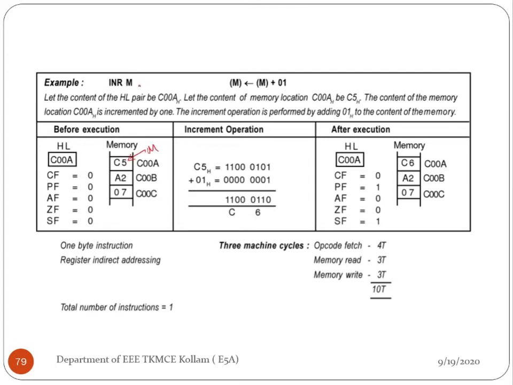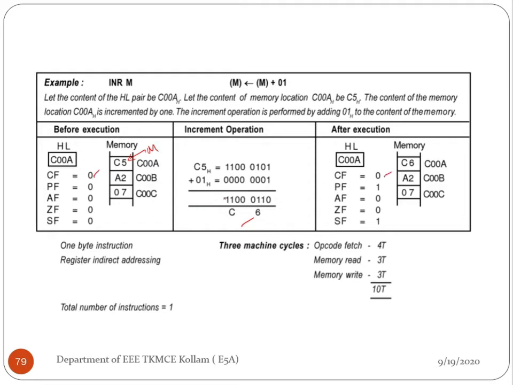So during this execution, M, that is the content of the memory location pointed by HL pair, C5, is added with 1. After adding 1 to C5, the result is C6, which is saved in this location itself, pointed by HL pair. Here the carry flag is not affected. Whatever the flag status was earlier, that will be retained.